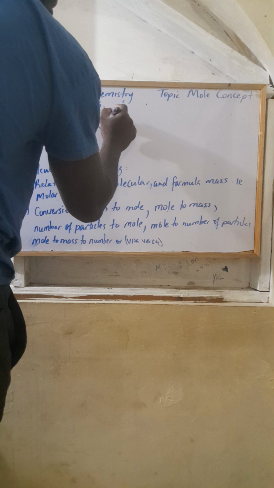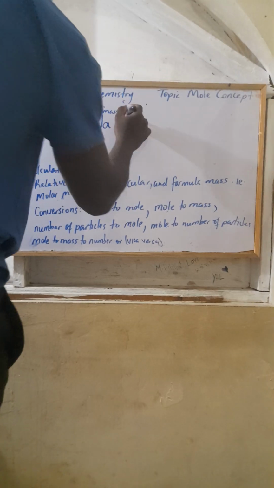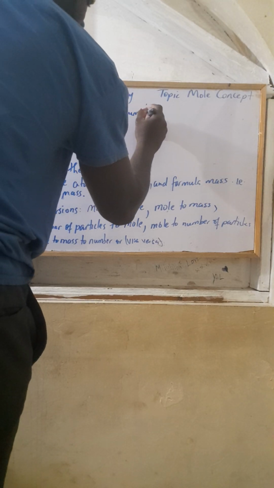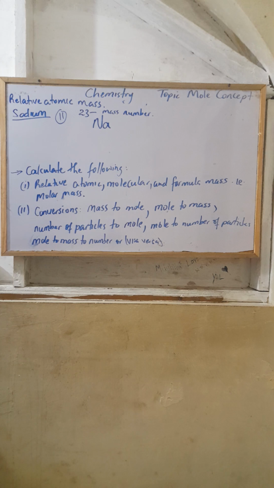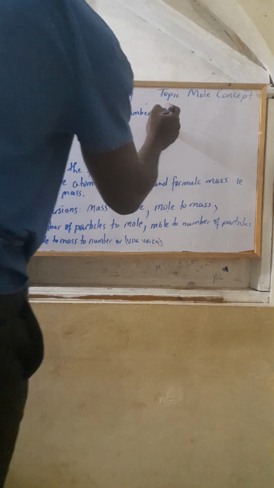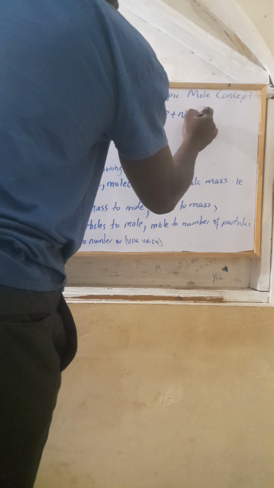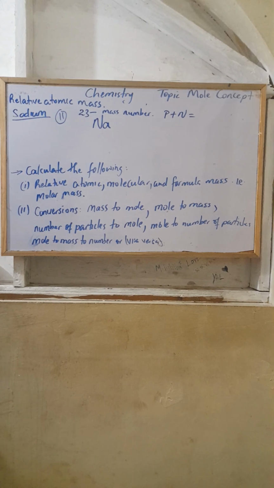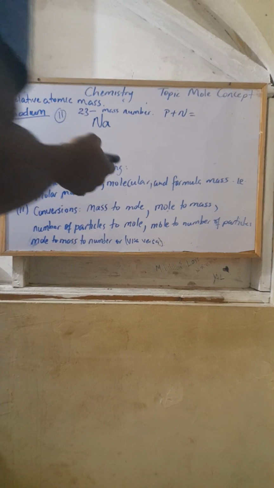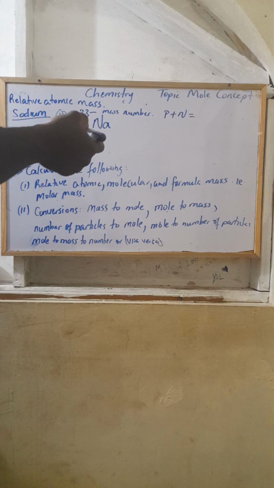which represents the mass number. The mass number is a sum of the number of protons plus the number of neutrons within the nucleus of the sodium atom.